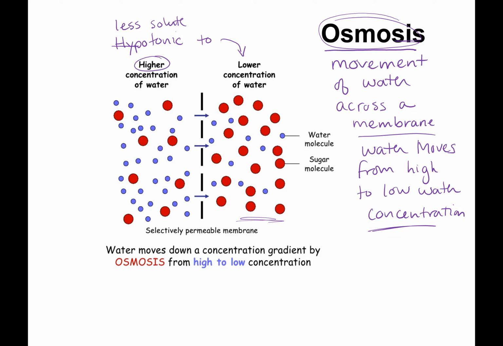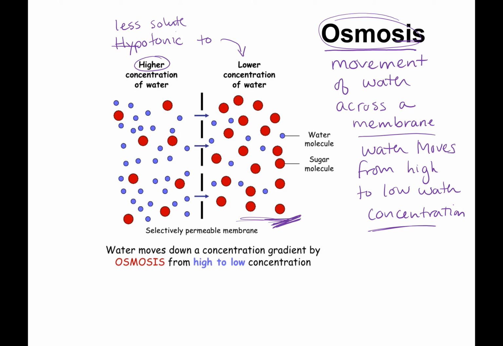So just imagine you have a set amount. You can have a mixture of solute and water, but I always think of it as equaling 100% or equaling, say, 10 molecules or something like that. So if you have lots of water, you only have room for a little bit of solute. Over here, it's just the opposite.